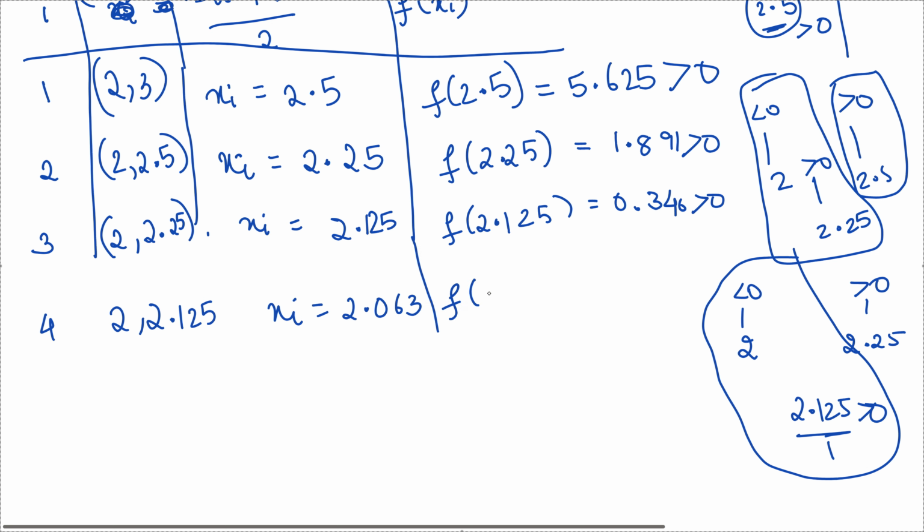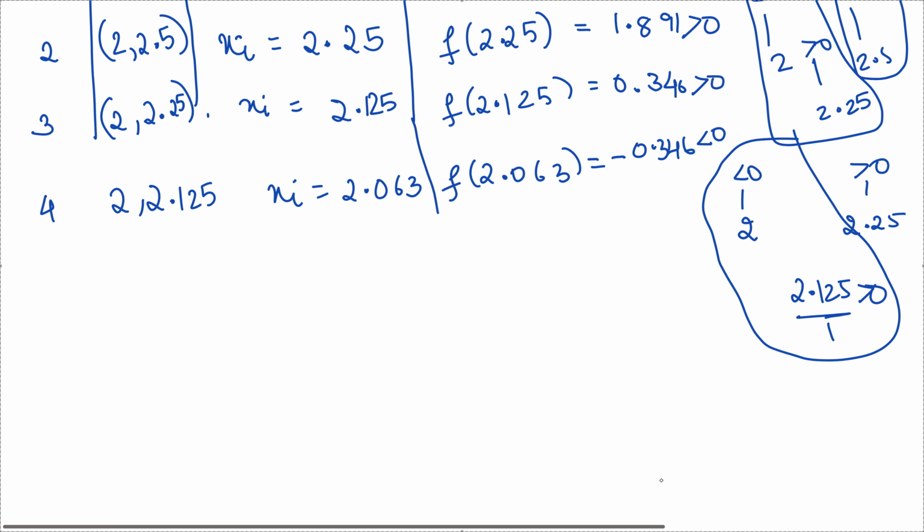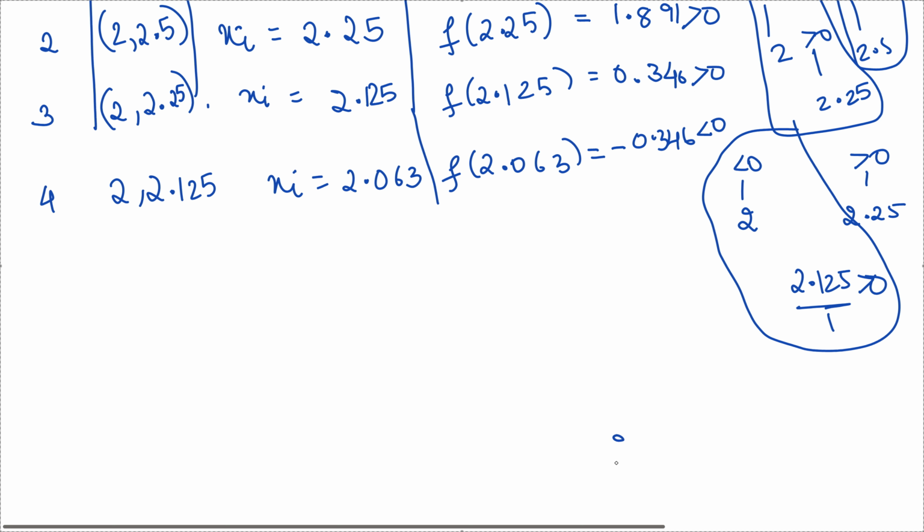Let's see what is f of 2.063. It is nothing but minus 0.346, which is less than 0. Okay, now we have got a value which is less than 0. Now what we were doing: we have 2 which was giving us less than 0, then we had 2.125 which was giving us greater than 0.